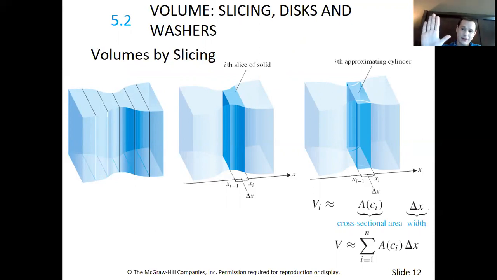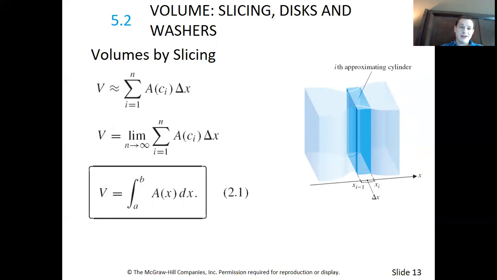If you know the area of this piece of bread and you know its thickness, which is like dx, then the area times its thickness, dx, would be that slice's little bit of volume. If I know the volume of this slice plus that slice plus that slice and integrate them all up, I will get the entire volume, which is essentially what it's driving at right here.